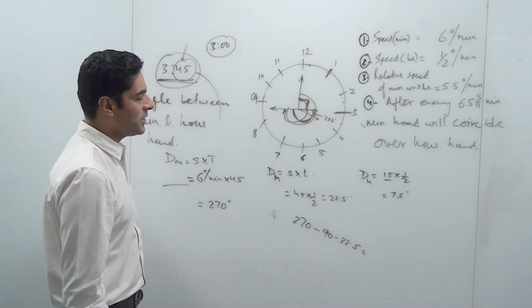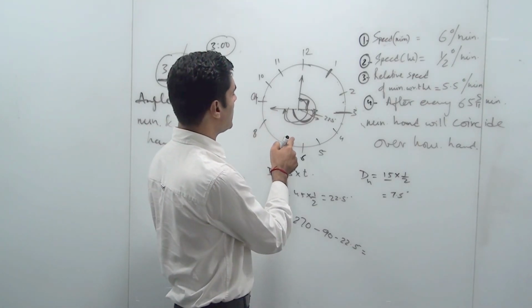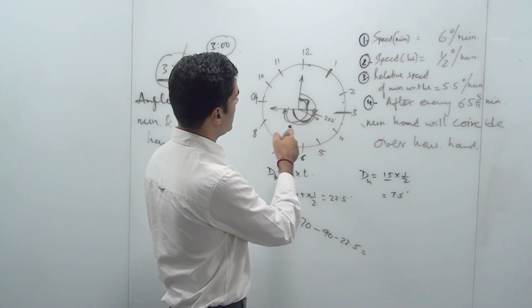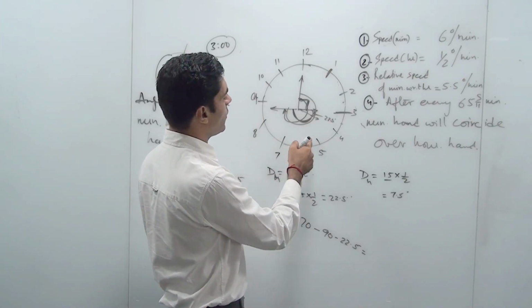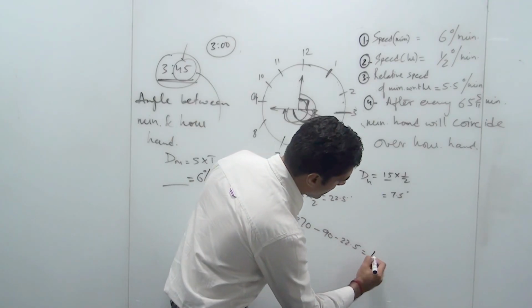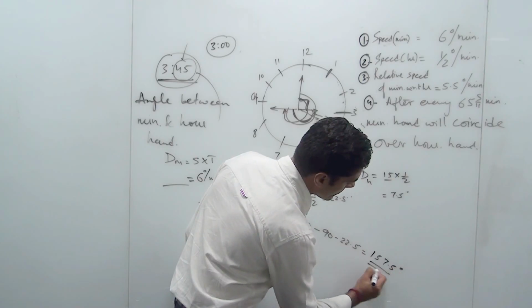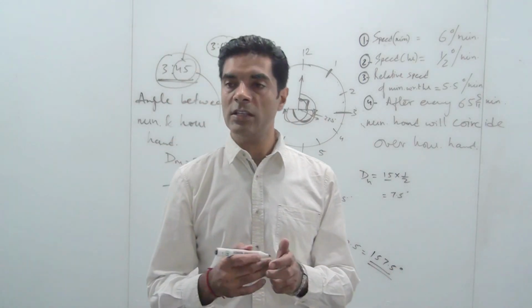If you solve this, or you can also look at this as 30, 30, 30, 30, plus 30, which is 1, 2, 3, 4, 5, which is nothing but 150, plus 7.5. So your answer will come out to be 157.5 degrees. So this is how you are supposed to solve these types of questions.